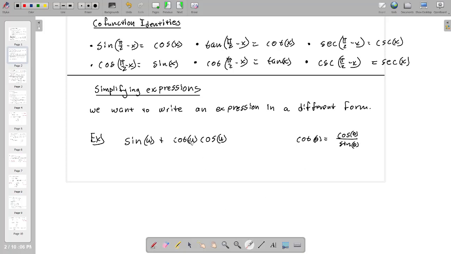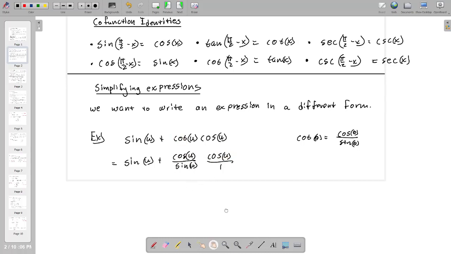So I can replace this cotangent of u with cosine of u divided by sine of u. So we end up with sine of u plus cosine of u divided by sine of u times cosine of u. And I'm going to say that this is divided by 1 because it's the same thing. Then we can multiply these two. So we have cosine of u times cosine of u, and we get cosine squared of u.